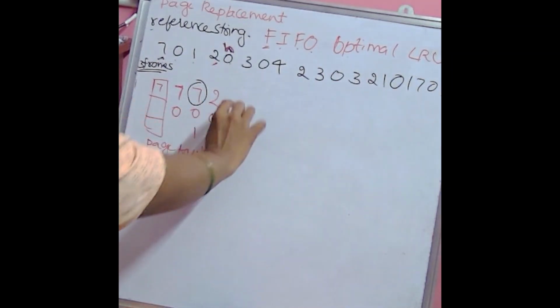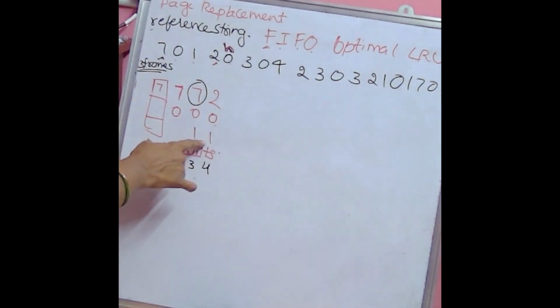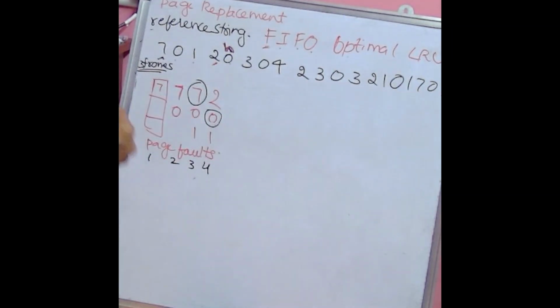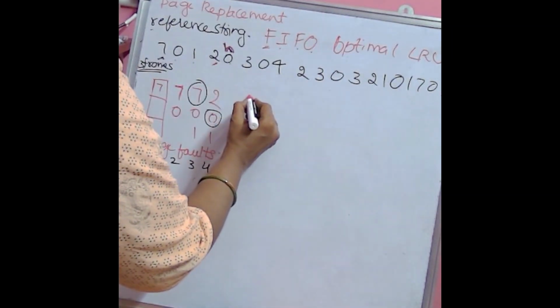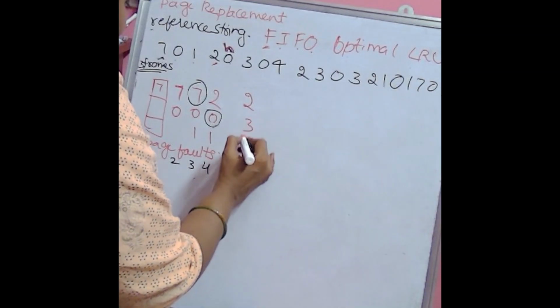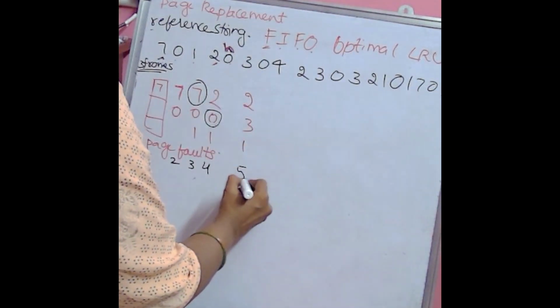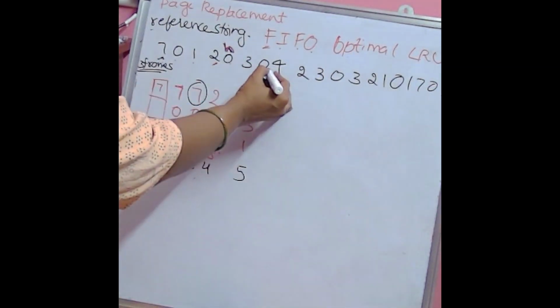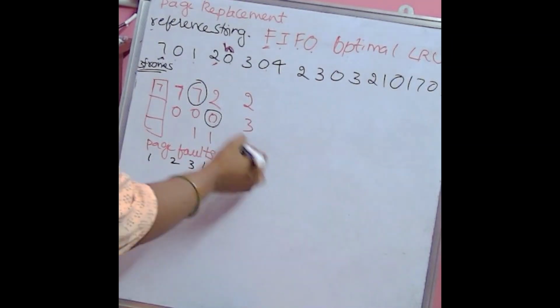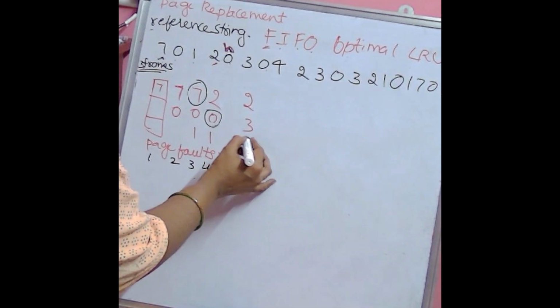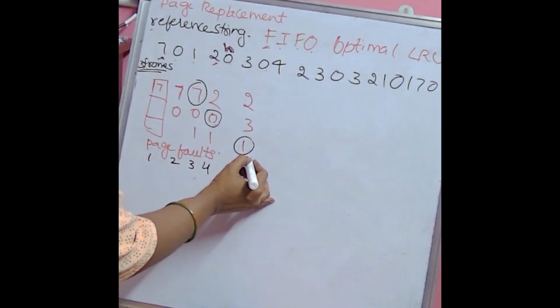In these 3, the first entered one is 0. That's why we are replacing 0. 2 is already there, and 1. So here the page is not available, that's why we replace it, page fault. Next required one is 0. 0 is also not available. Then also we need to replace: in these 3, 1 is the first entered one.